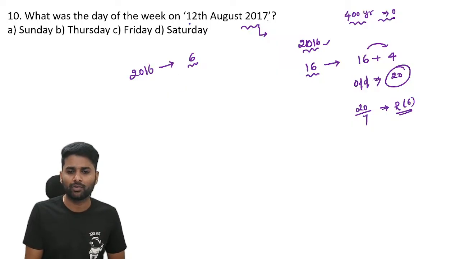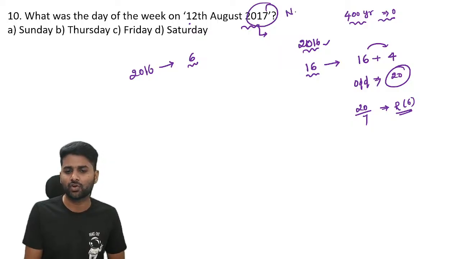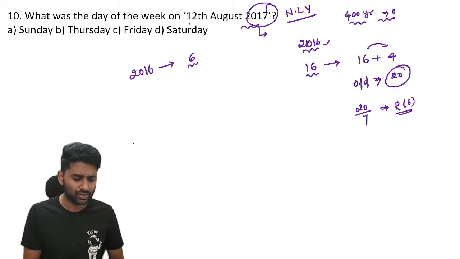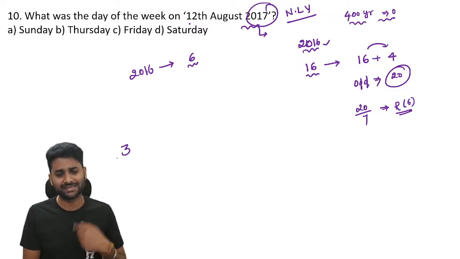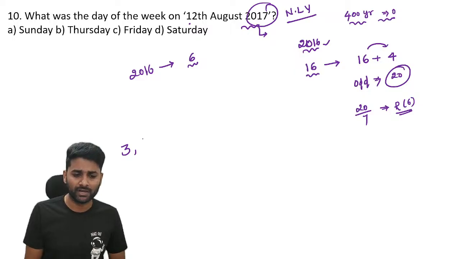Now we should talk about 12th August 2017. 2017 is a non-leap year. Now you can go through that non-leap year. You already know January, 31 days, means 28 days is a cycle, so 3 odd days. For February in a non-leap year, the number of odd days is 28, which means 0.